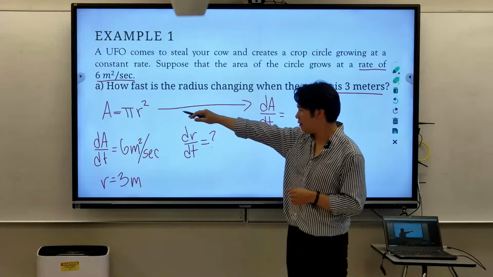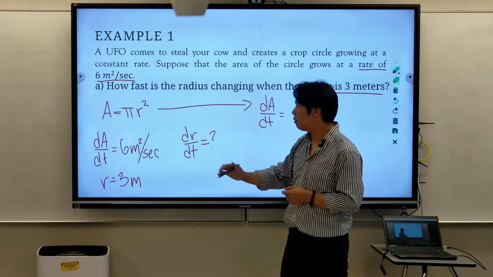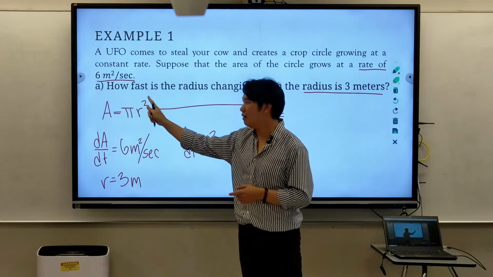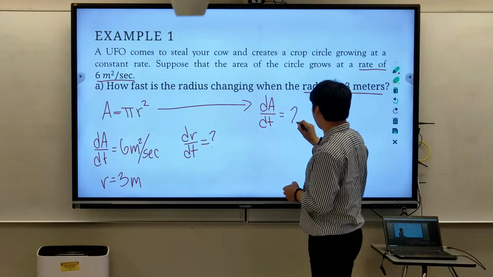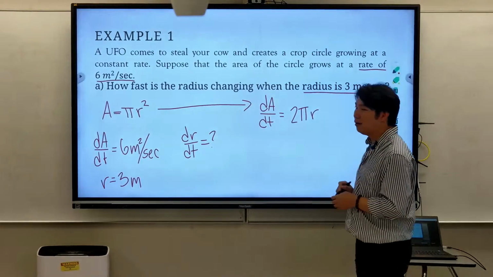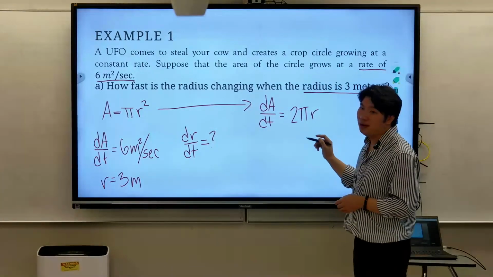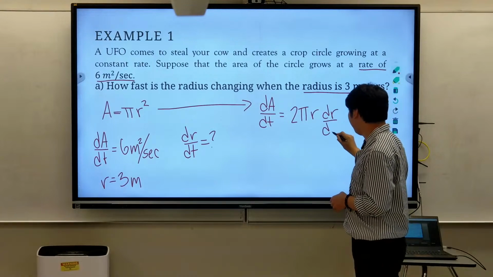What is the derivative of the right side of that equation? I'm going to do a recap after this. What is the derivative of pi r squared? Yeah, I heard someone say 2 pi r. And I'm also going to throw on a dr dt.